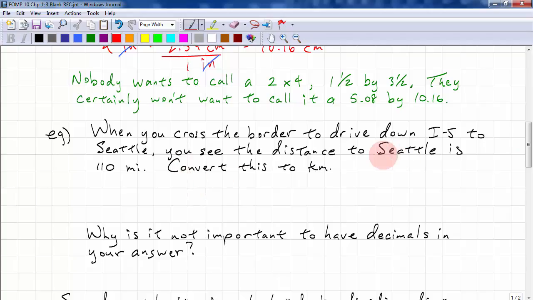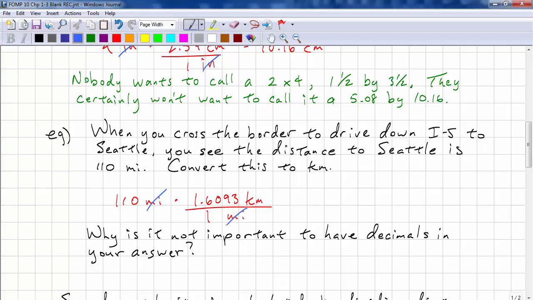Okay, when you cross the border to drive down the I-5 to Seattle, you'll see that the distance is 110 miles to Seattle. Let's convert this to kilometers. 110 miles times 1.6093 kilometers per mile.